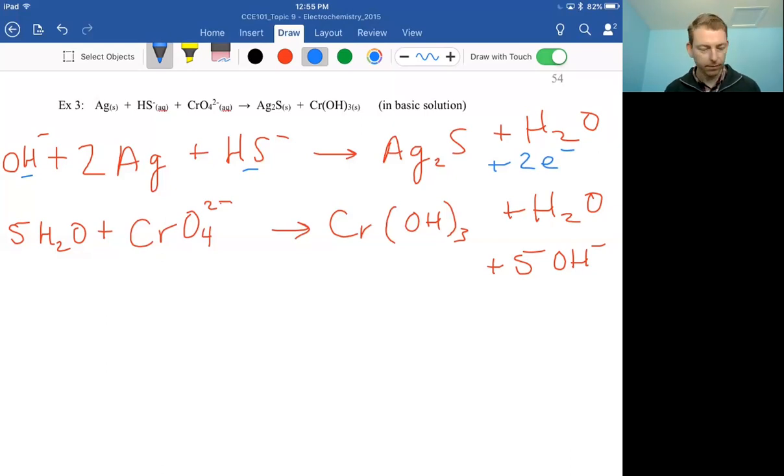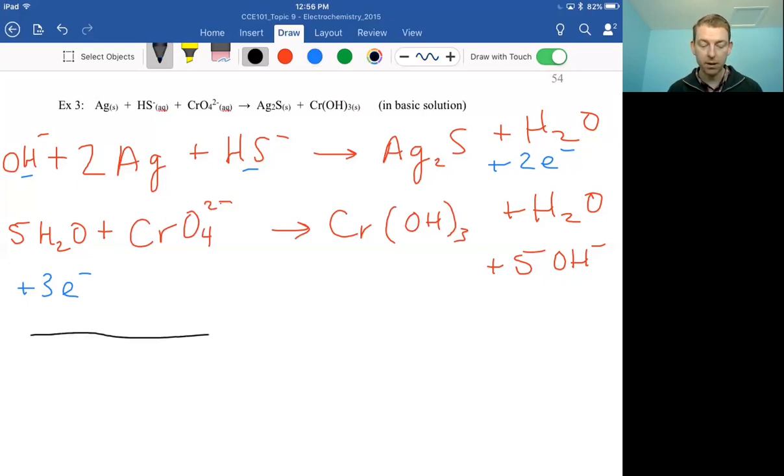Bottom row, we've got -2 on the reactants, and -5 on the product side. So we need to add in 3 electrons to the reactants to make sure that the charge balances across the half reaction. So with that, we've got 2 electrons on top, 3 on the bottom.